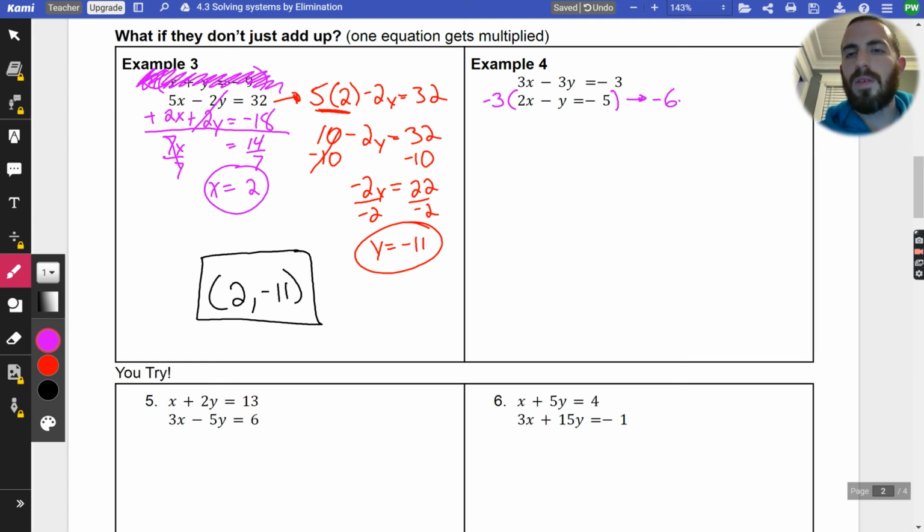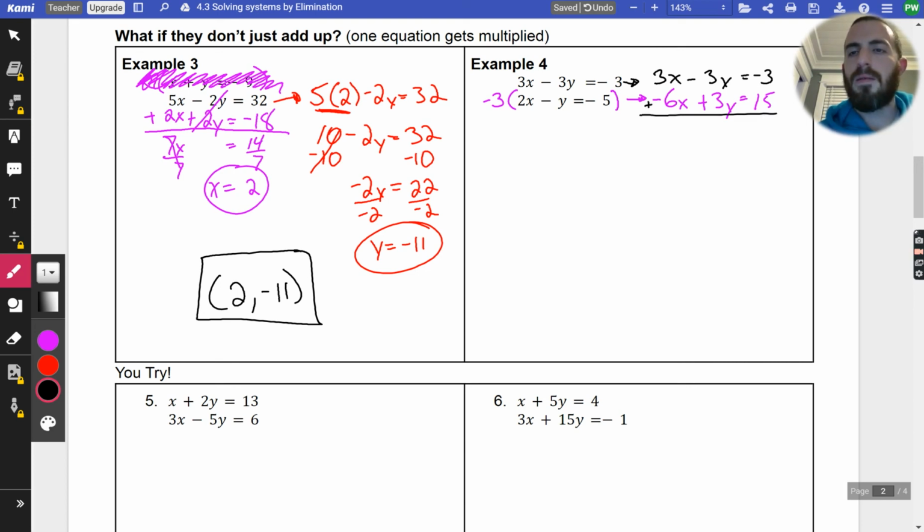So we get negative 6x plus 3y equals positive 15, because a negative times a negative. I'll rewrite this top one over here so we have them on top of each other. So 3x minus 3y equals negative 3.